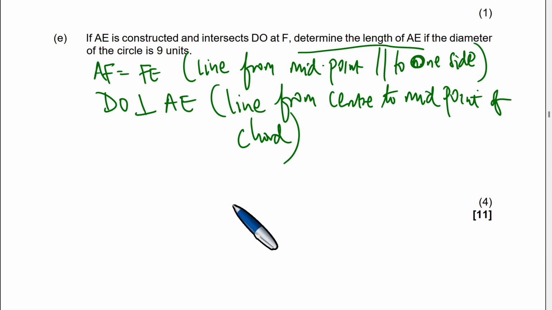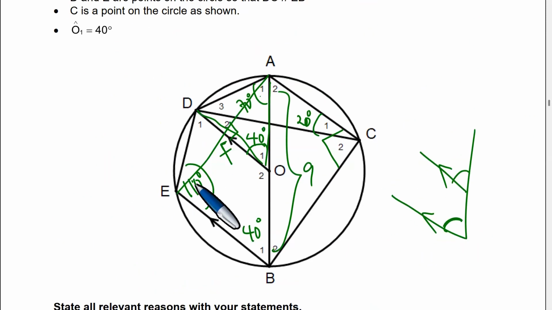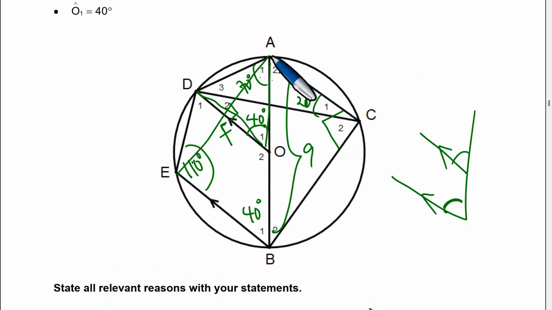Now, moreover, in triangle AOF we can find sine 40, because this angle is 90 degrees.